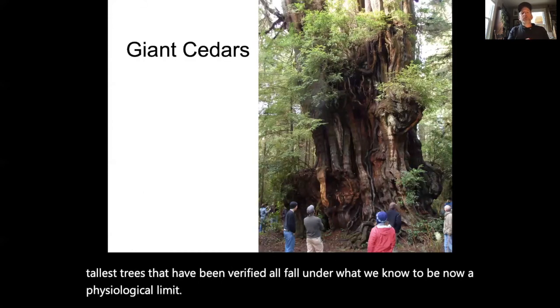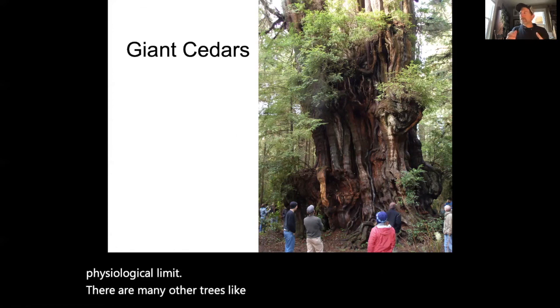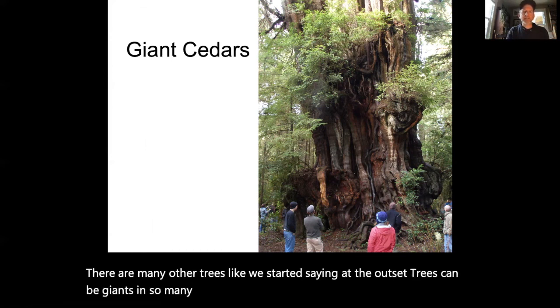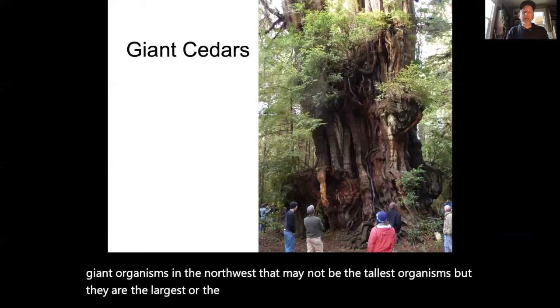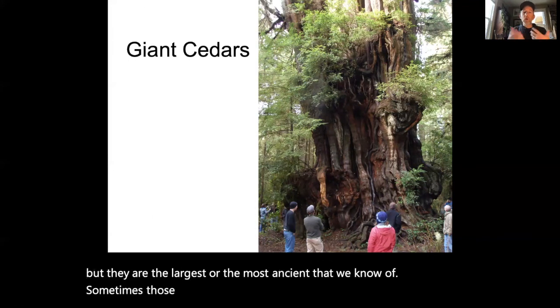There are many other trees, like we started saying at the outset. Trees can be giants in so many ways, and not just height. And so we have all of these giant organisms in the Northwest that may not be the tallest organisms, but they are the largest or the most ancient that we know of. Sometimes those trees are actually even growing on each other, like what happens with this giant cedar.